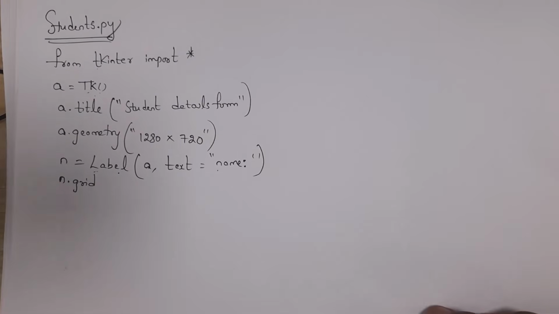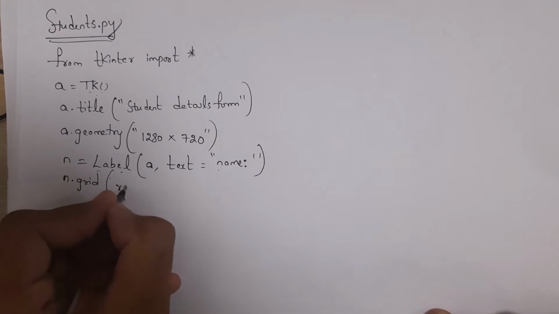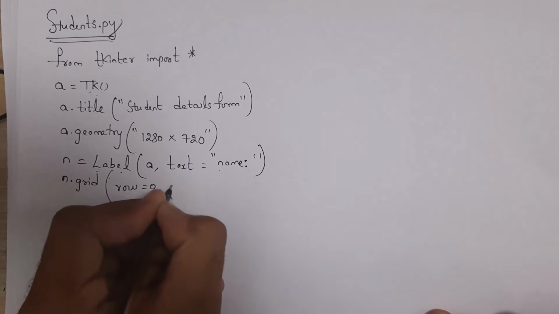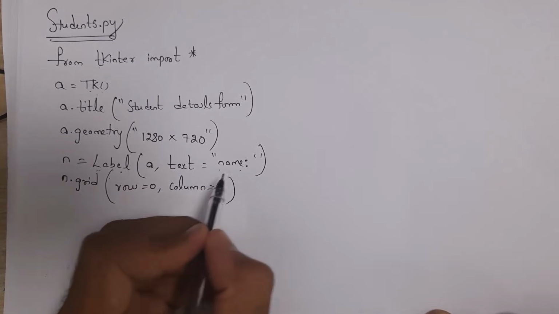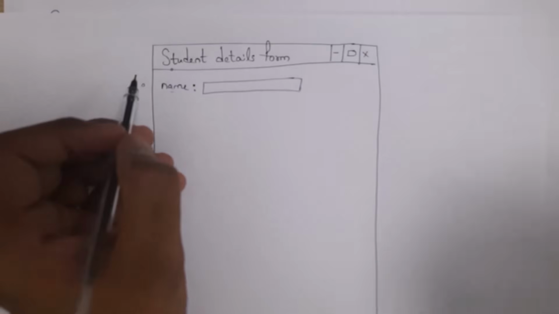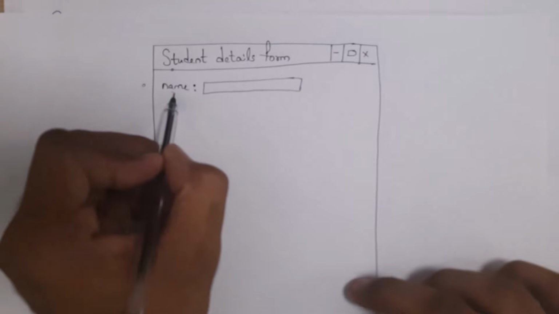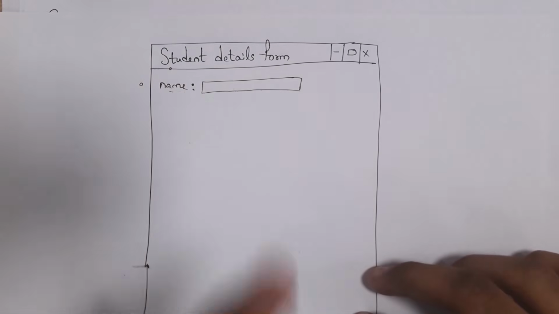So just write here n dot grid. Inside brackets write row equal to 0 and column equal to 0. That is nothing but I want to place this name in the first row, first column. Similarly, I want to place one entry box beside name.